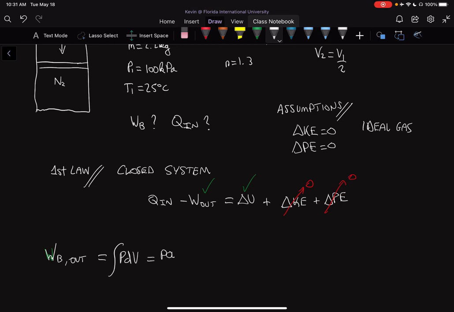And for a polytropic process, it's equal to P2V2 minus P1V1 over 1 minus N, and this is for N not equal to 1. Okay, N is equal to 1.3.